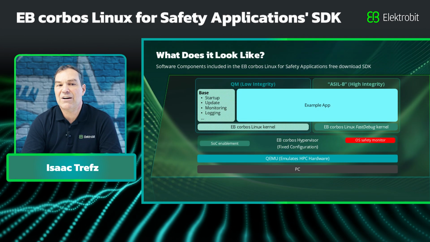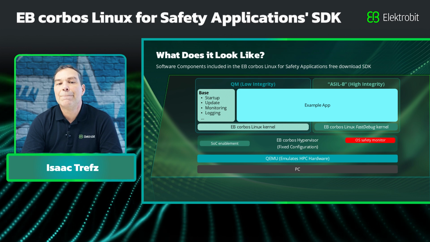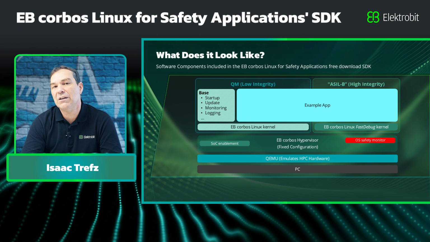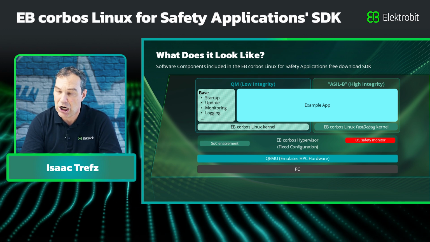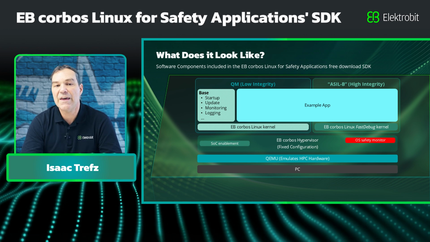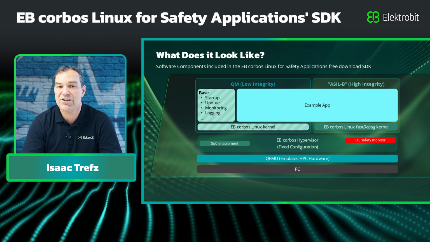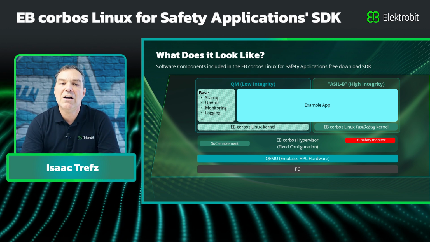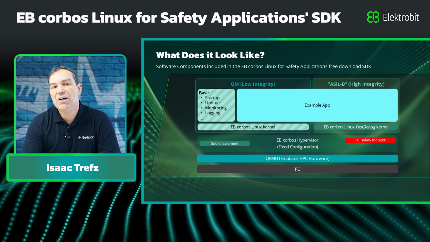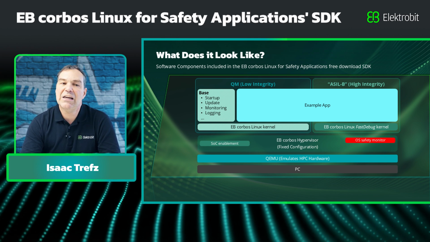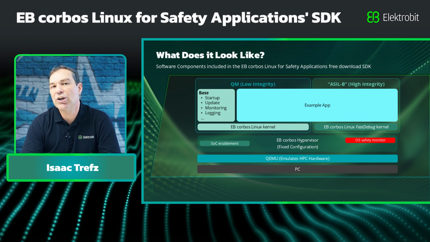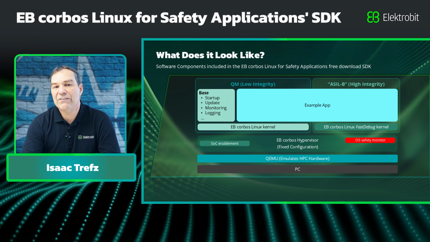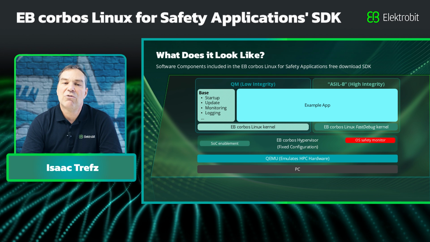It looks similar to the picture I showed you before. Again, you have your hardware, which in this case is a PC. Then you have the QEMU emulator to make your PC look like automotive hardware. Then you have a hypervisor and a fixed configuration with 2 virtual machines and the OS safety monitor. You have 1 quality managed Linux running in a virtual machine, which you can see on the left, and you have another safety Linux, ASIL-B, so high integrity Linux, running on the right side.